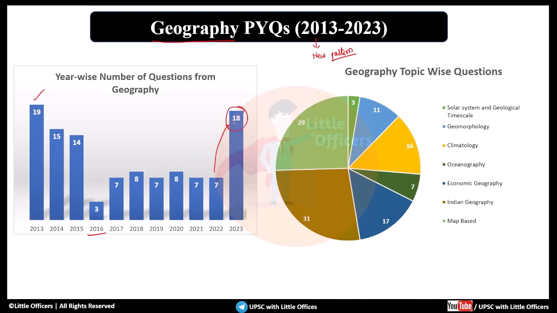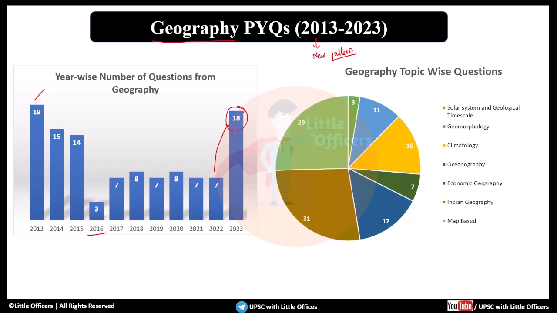If you look at the section-wise split within geography, the sections are like solar system, geological time scales, geomorphology, Indian geography, mapping, etc. You can have the segregation like this. There were 3 questions from solar system and geological time scales, 11 questions from geomorphology, and climatology.